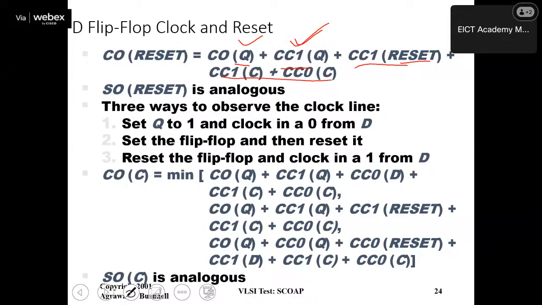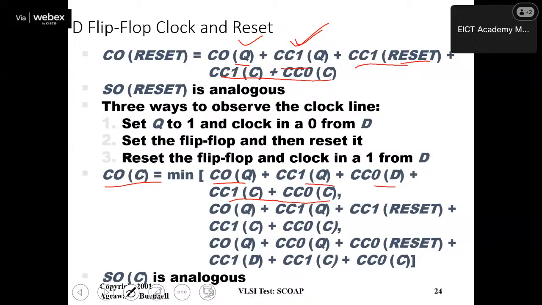So CO of C, combinational observability for clock. How can you have it? CO of C, you can have the minimum of three things. First thing covers CO of Q plus CC1 of Q plus CC0 of D plus active edge. You got my point?